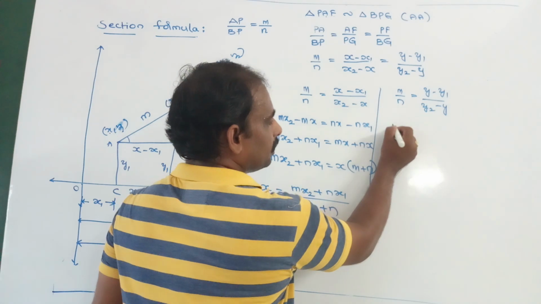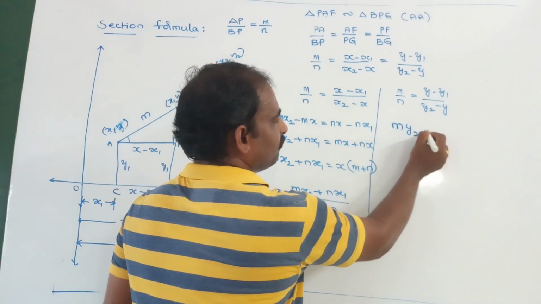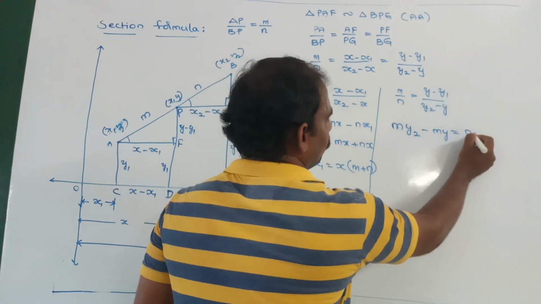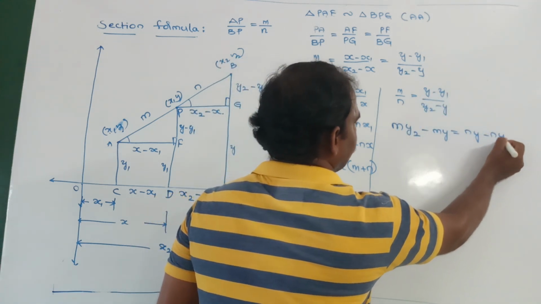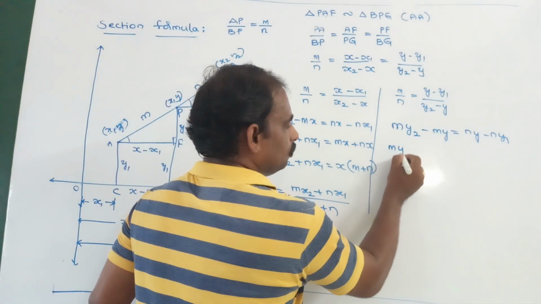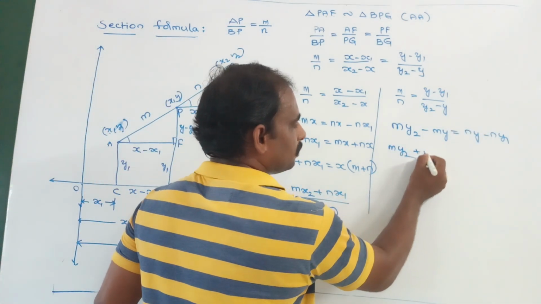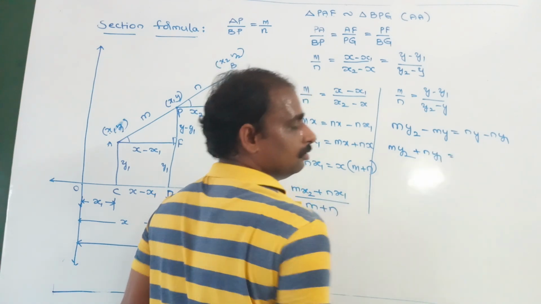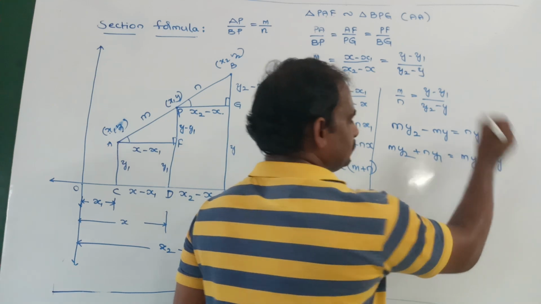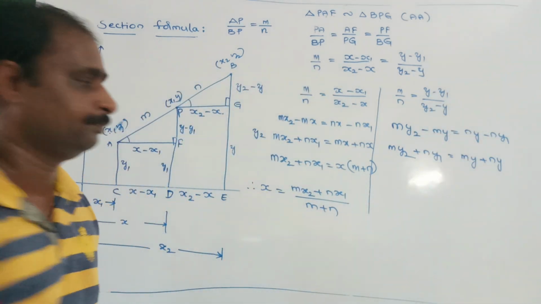Now we will go for y. Do the cross multiplication. M into y2 minus M into y, N into y minus N y1. Now My2 minus Ny1 becomes 2 plus Ny1 minus My plus My plus Ny.